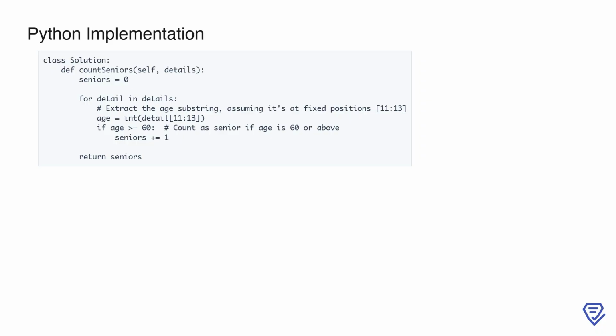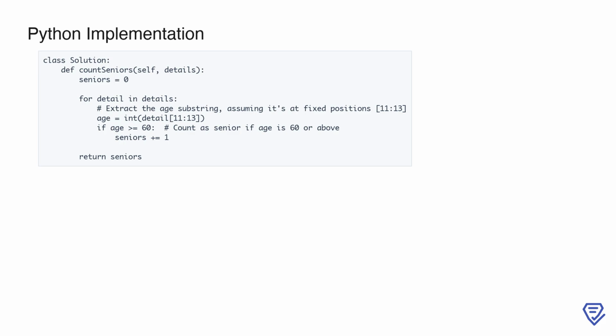Each string contains encoded information, and the age is located at a fixed position, indices 11 to 13. For each string, the age substring is extracted using slicing, detail[11:13], and converted to an integer. If this integer is 60 or greater, it is categorized as a senior, and the seniors counter is incremented. Finally, the function returns the total count of seniors.